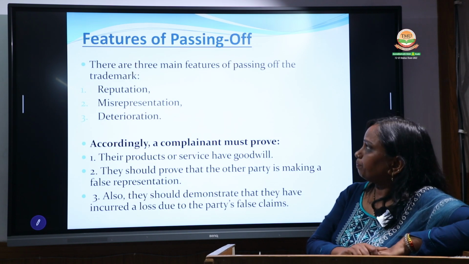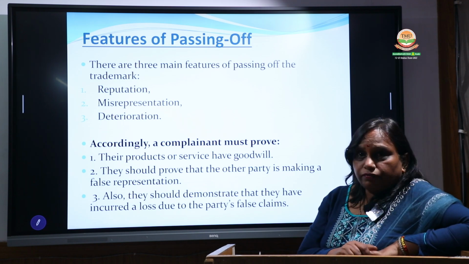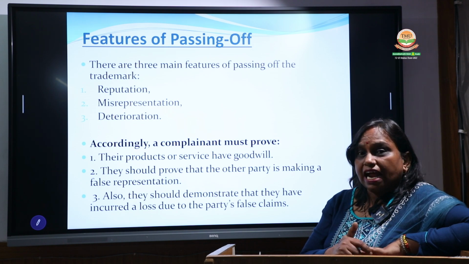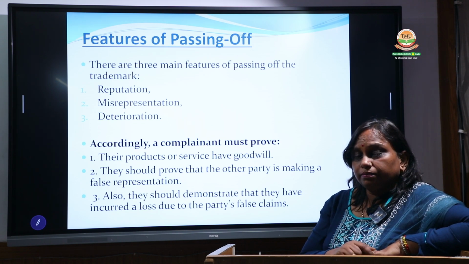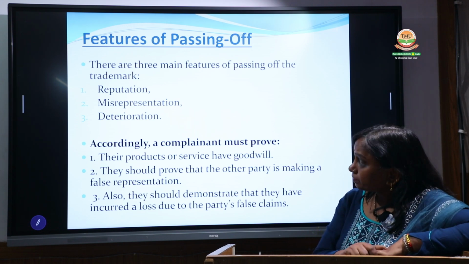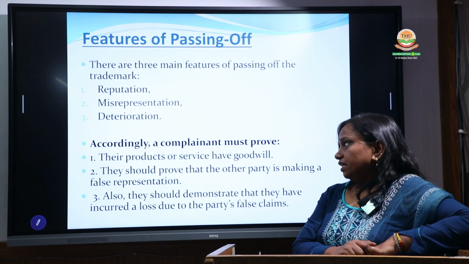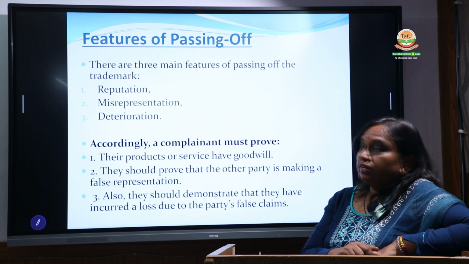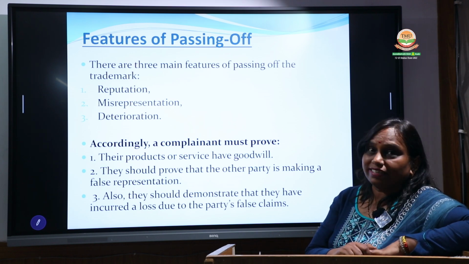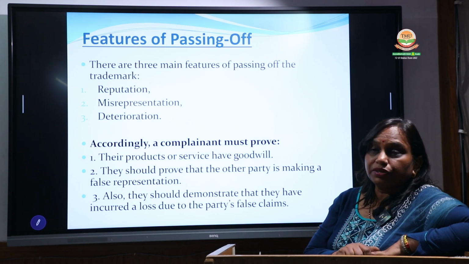There are three main features of passing off. First is the reputation: that particular brand carries a good image among the customers. Then there is misrepresentation and deterioration of that particular mark. Accordingly, a complainant must prove these three aspects. First, their product or services have goodwill.